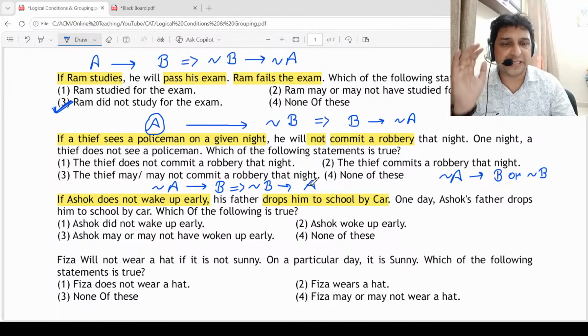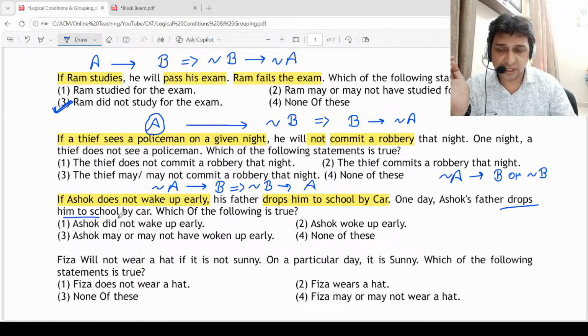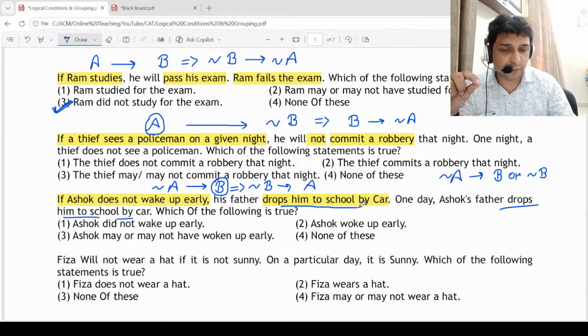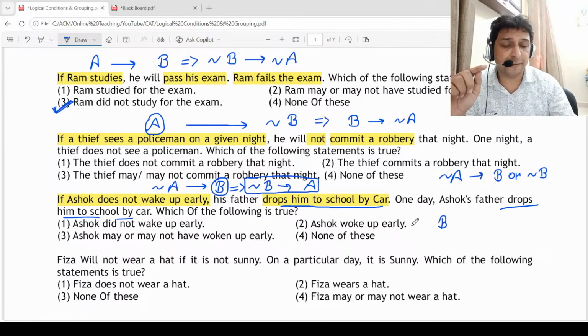Now in this question, Ashok's father drops him to the school. That means B occurred, because B was dropping him to school by a car. Now my conclusion says if B does not occur, then only I can say A occurred.